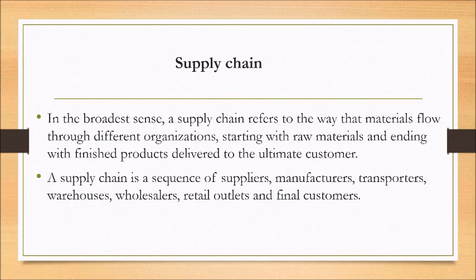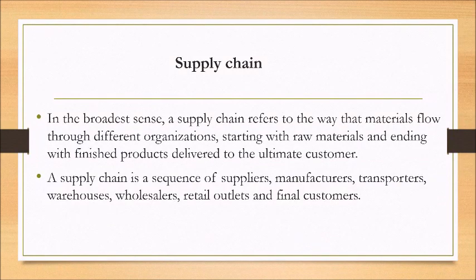Once the product is ready for sale, then with the help of vehicles, the trucks, they transport it to the warehouses. In simple terms, a warehouse is a kind of storage where the products are stored.